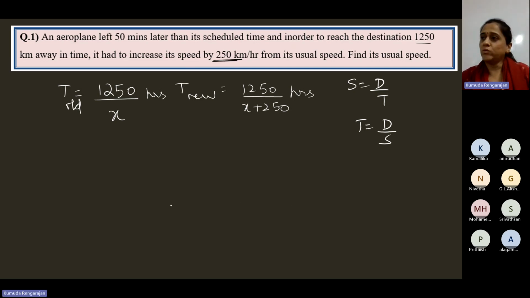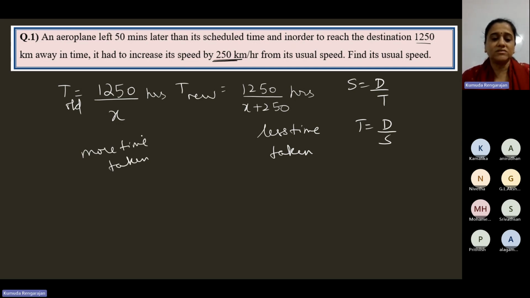Now, we know when speed is more, the time taken is less. So here the time taken is less. Here the speed is less, no? So the time taken is more here.